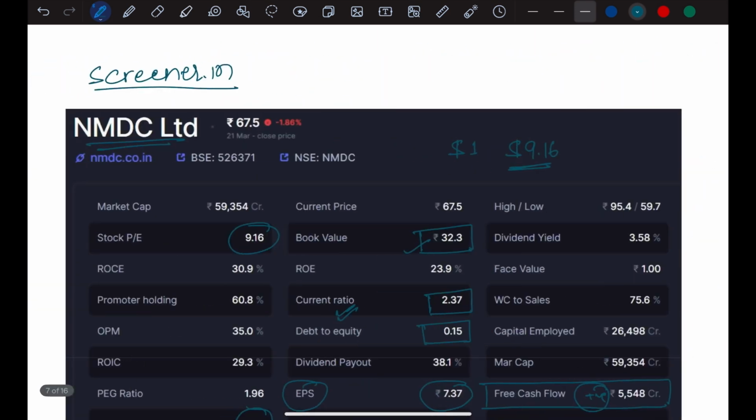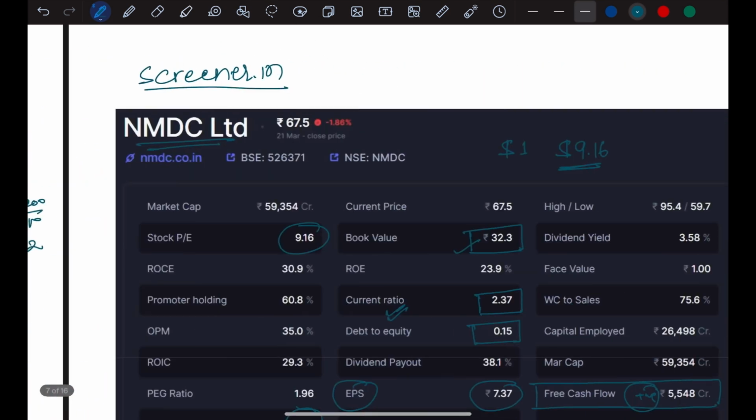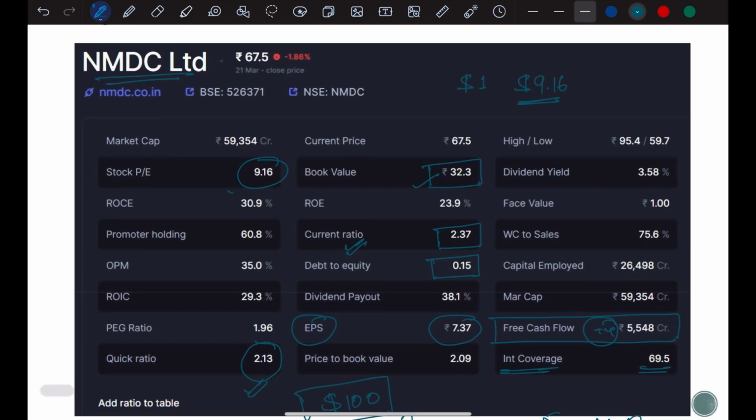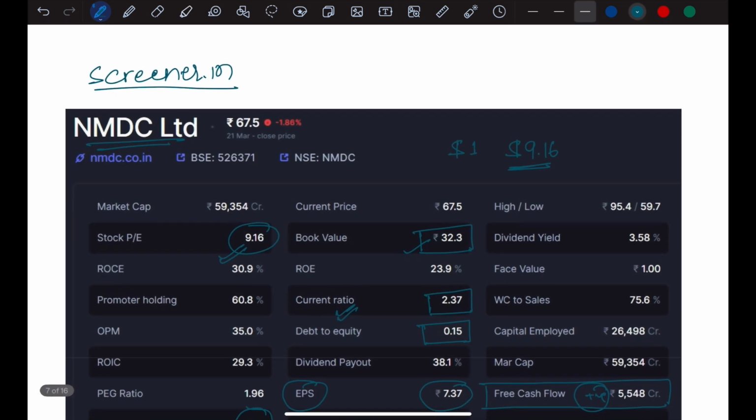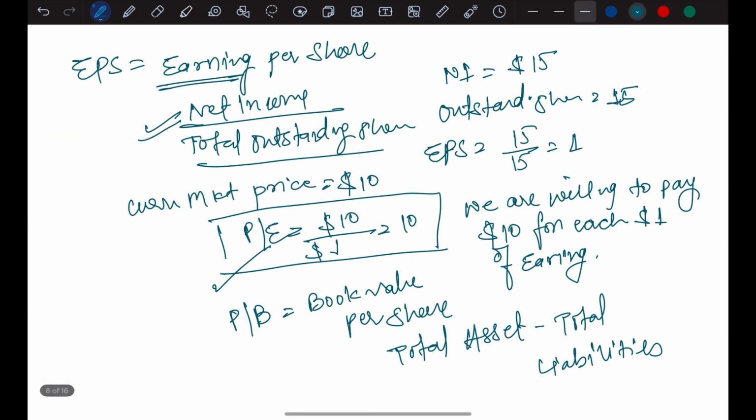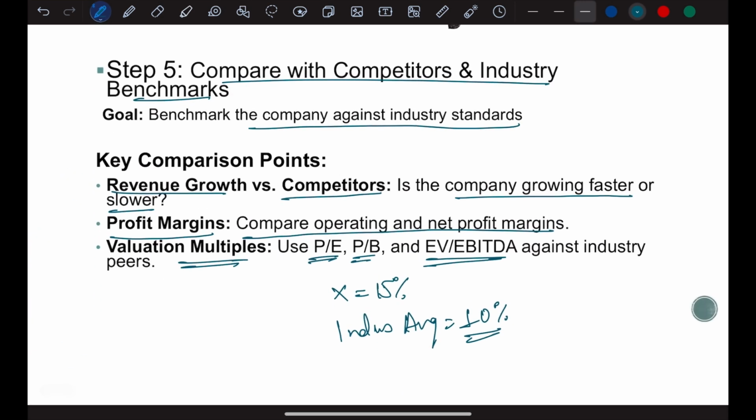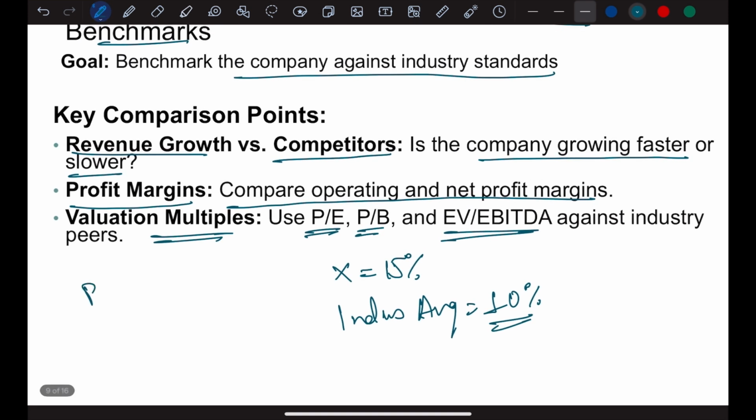Price to earning we look at here is, let's say our stock PE is 9.16, but our industry average is 13, which means that for the average company in this industry we need to pay $13 for each dollar of earning, but for this particular stock we are only paying 9.16, which means that we are getting our company at a cheaper price currently.